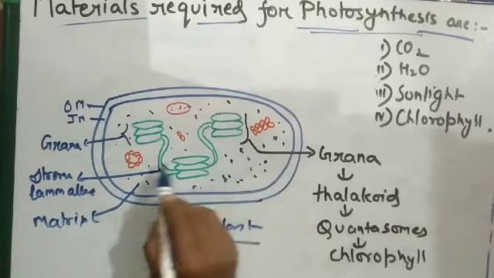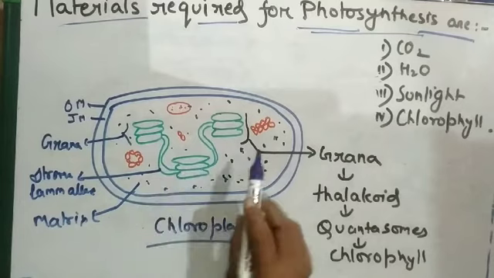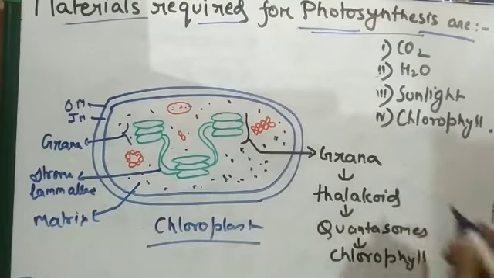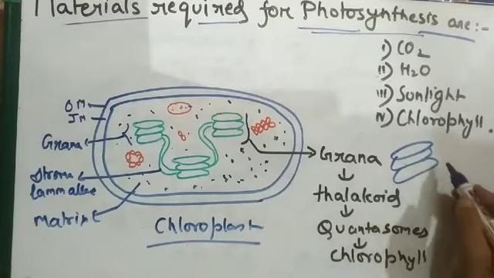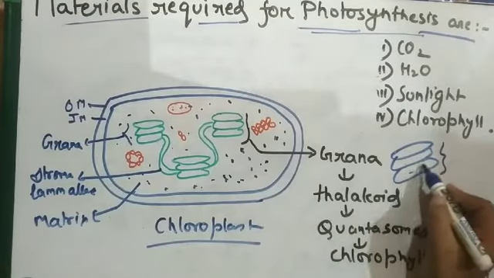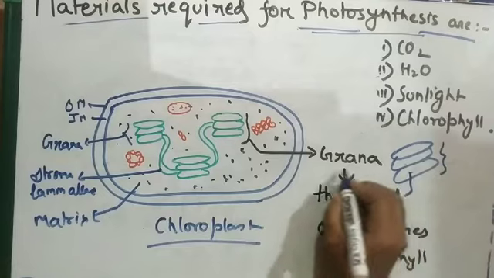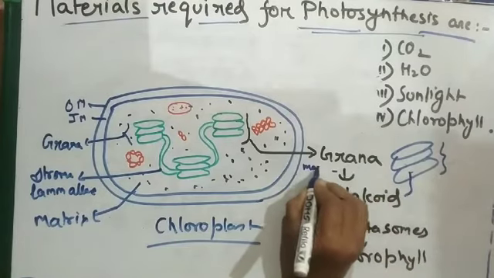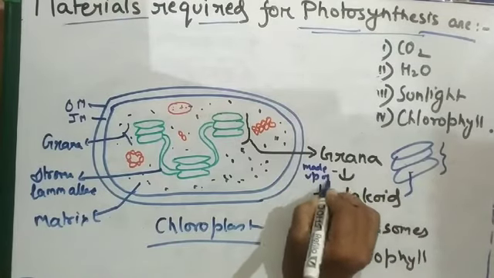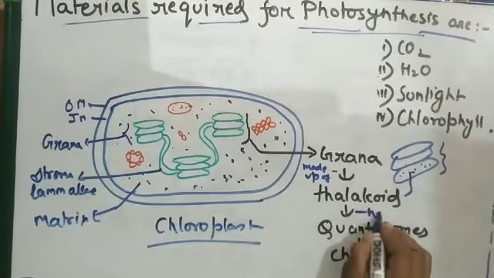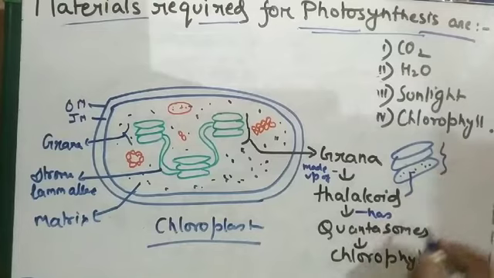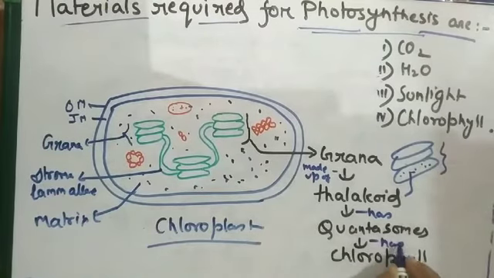It has grana. Grana are joined by the stroma lamellae. These grana have thylakoids, so the grana is made up of thylakoids. These thylakoids have quantasomes, and these quantasomes have the chlorophyll molecule.